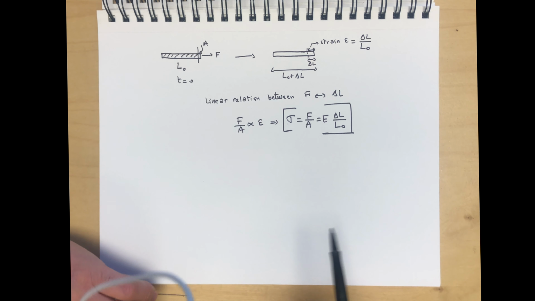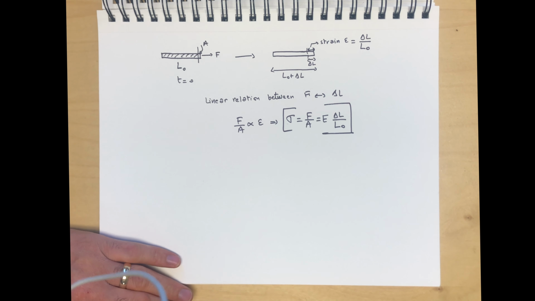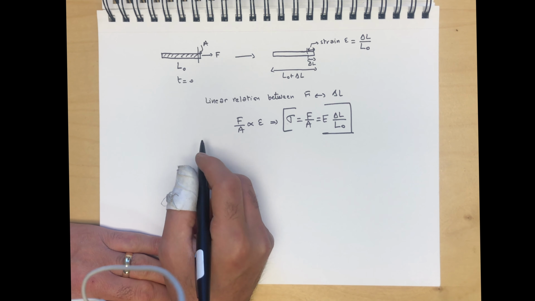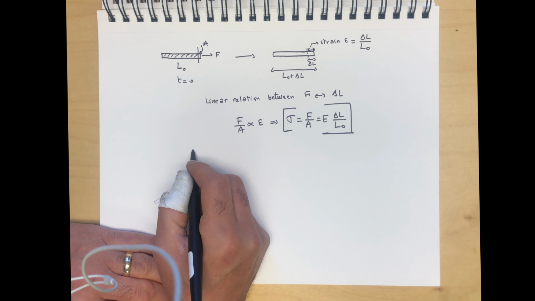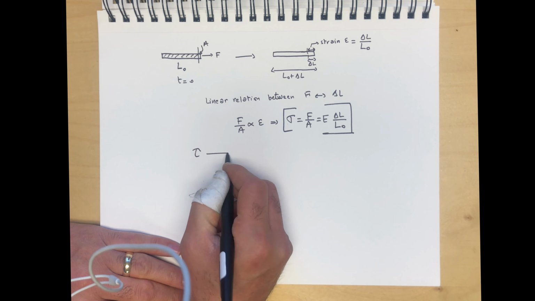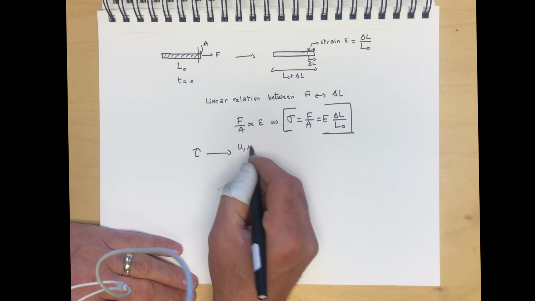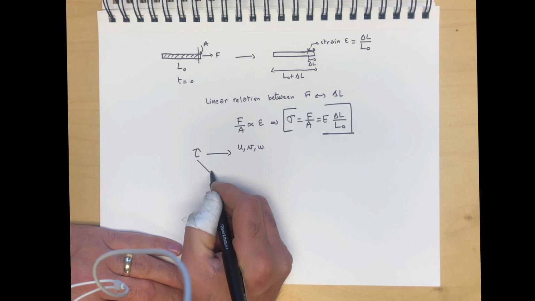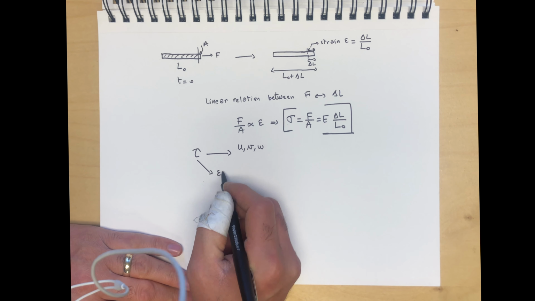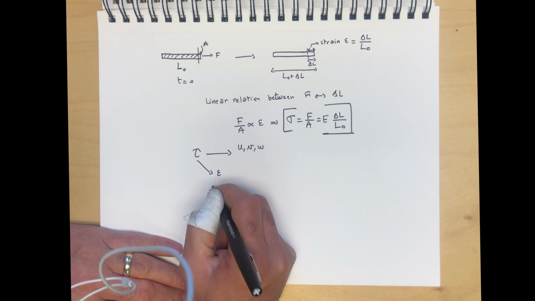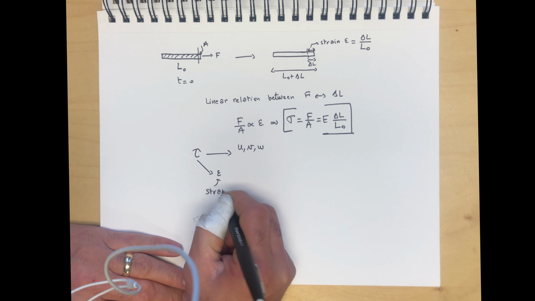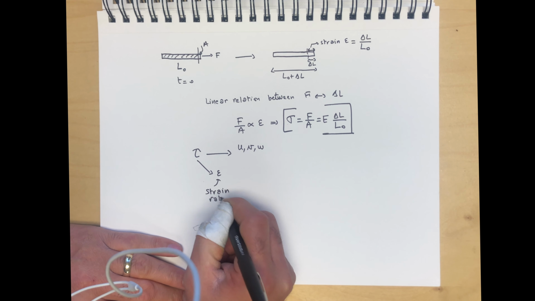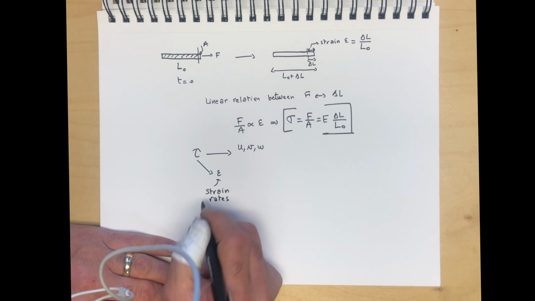Okay, so now the question is, can we relate tau to u, v, and w? We have to go through tau and epsilon. So the strain, specifically, we're going to be looking at strain rates.